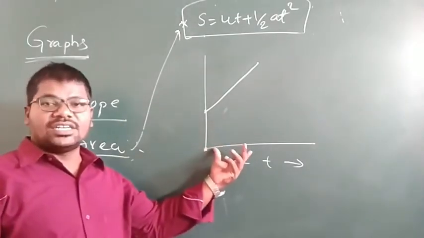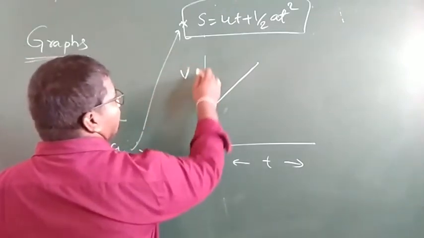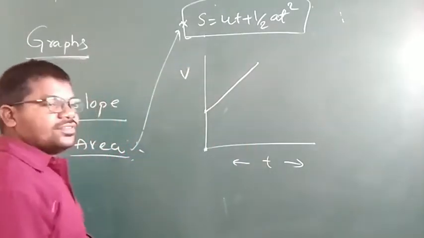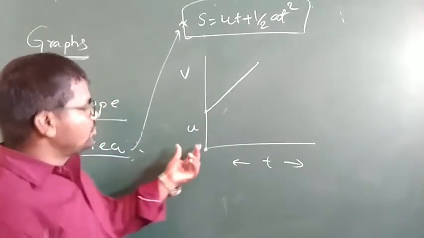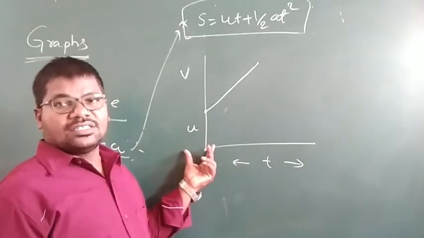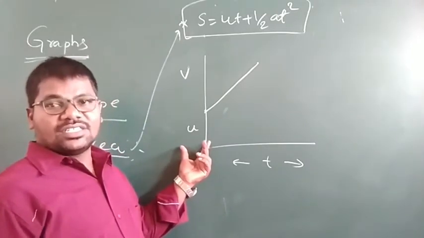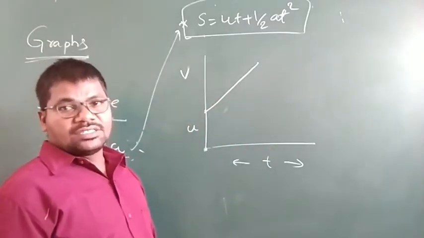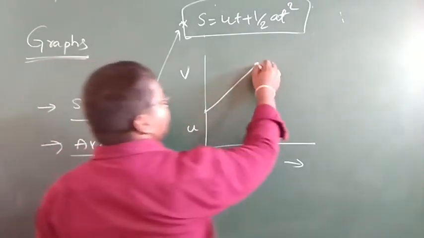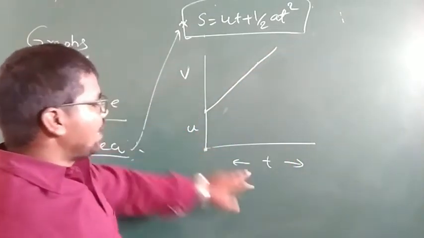This graph represents uniform motion. This is the velocity time graph. This is u. A particle moves with some initial velocity and then moves with the final velocity. The graph should be like this. Understand? So velocity time graph.